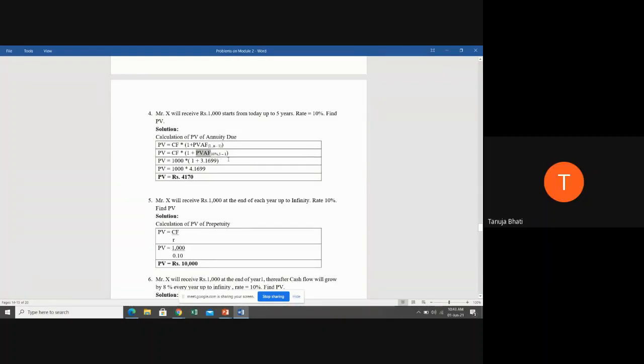Now, can anyone tell me how do I see this table? With what percentage should I see this table, and for what number of years? Ma'am, 10% and 4 years. Very good. Why have I taken 4 years? Because for annuity due, you have to do n minus 1. N is already given as 5 years, minus 1 will be 4 years.